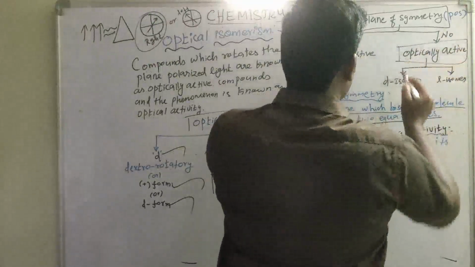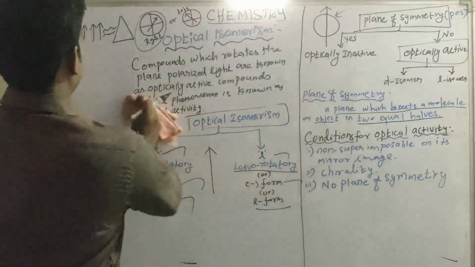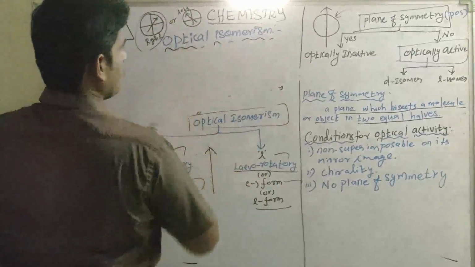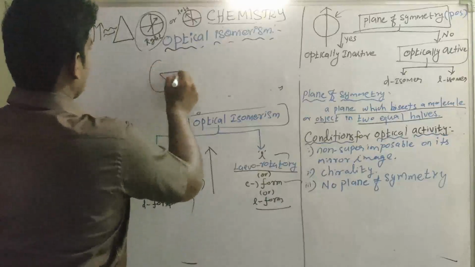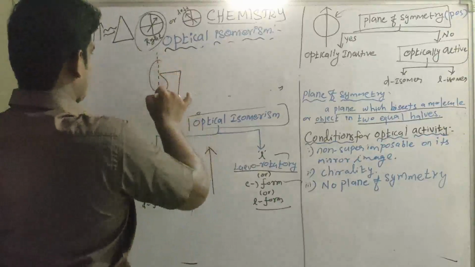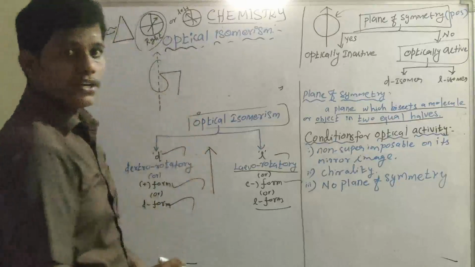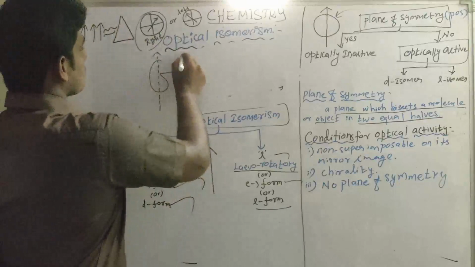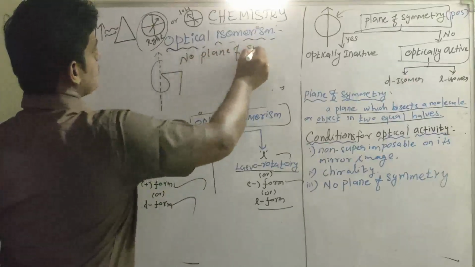More important. Suppose you take the letter G. The imaginary axis passes through it, and it bisects, but these two sides are different. So there is no plane of symmetry.